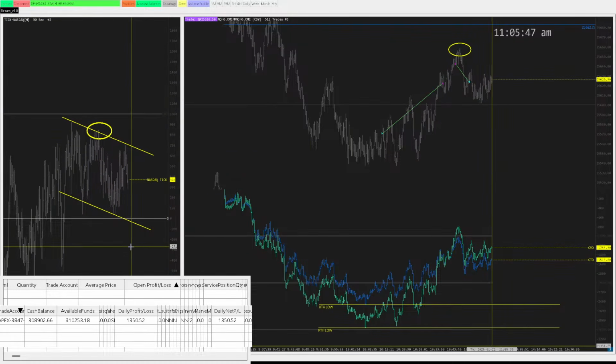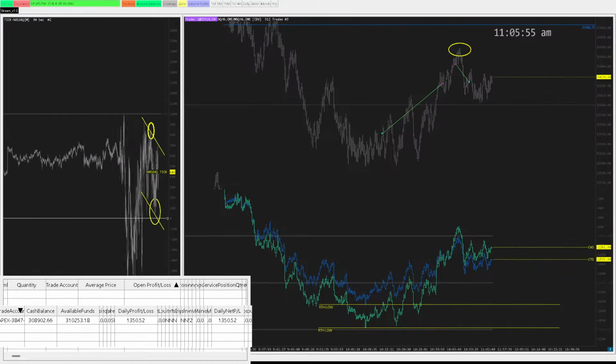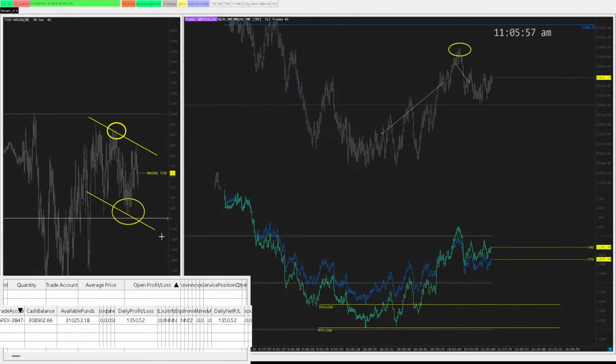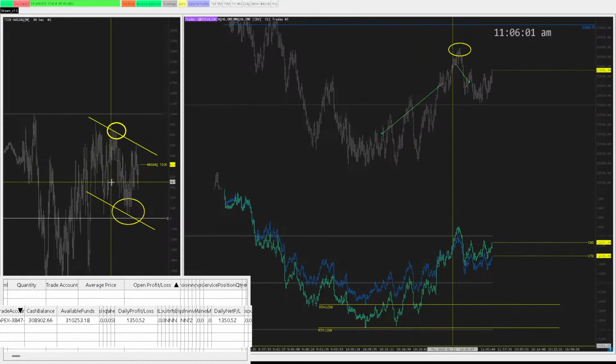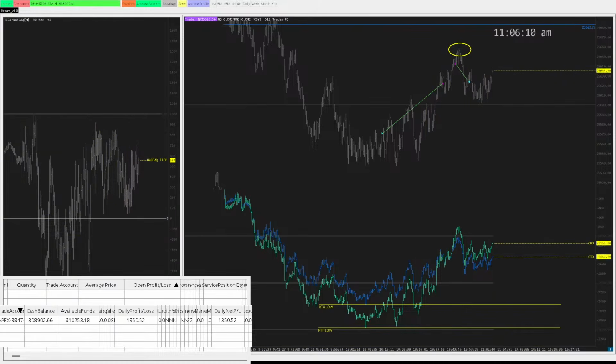The only thing that I would say is that, remember what I said, right now, the tick is still spending the majority of its time in the positive. Yes, there's a divergence, but it doesn't necessarily mean that it's going to work.